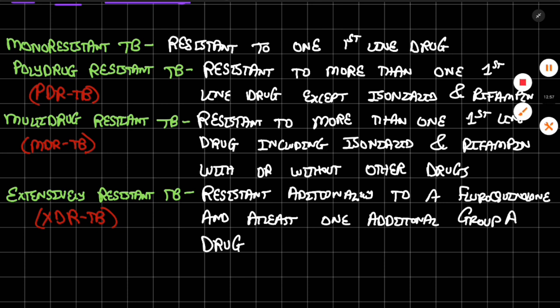Then we have multi-drug resistant TB, which is resistance to more than one first line drug including isoniazid and rifampin, and we can include or exclude resistance to other drugs. And in extensively resistant TB, the TB is additionally resistant to a fluoroquinolone and at least one additional drug of group A. So this was TB and resistance.